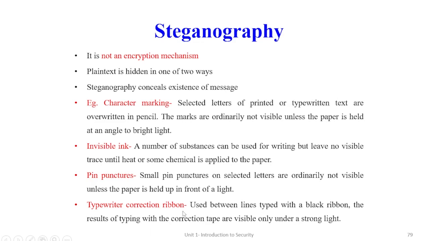Typewriter correction ribbon is used between lines typed with a black ribbon. The result of typing with a correction tape is visible only under a strong light. So these are all different types of steganography mechanisms.